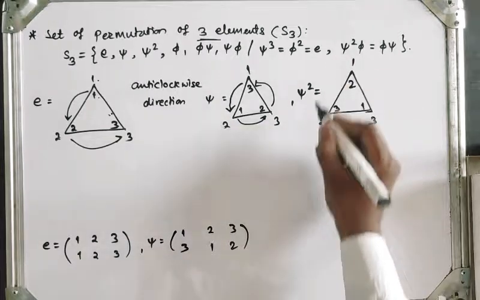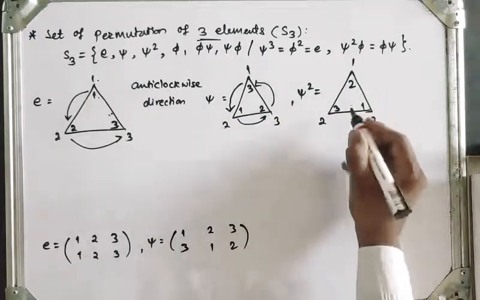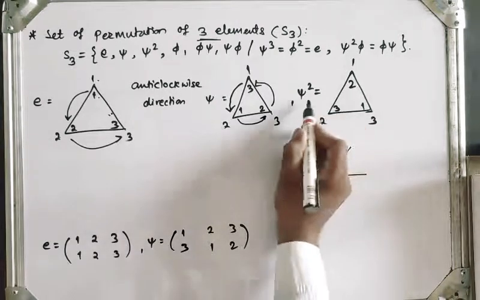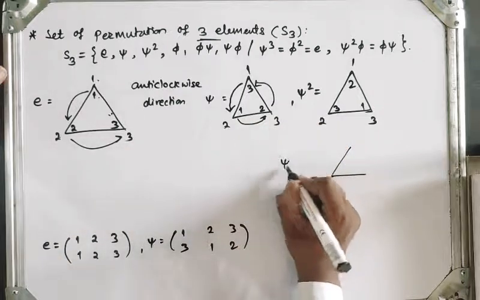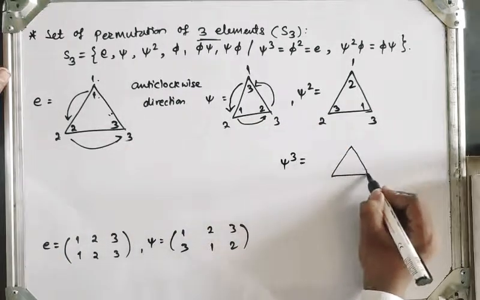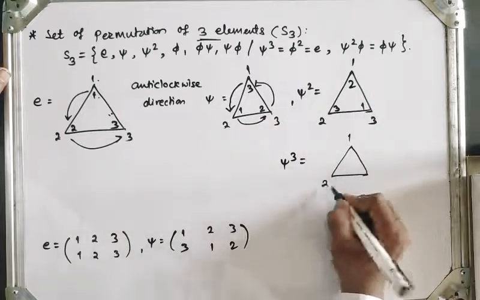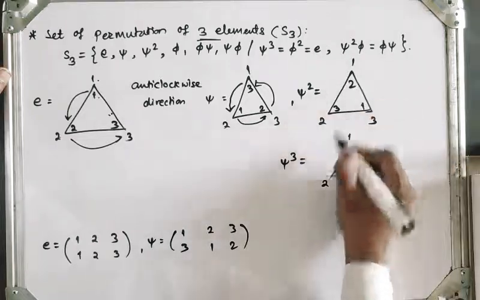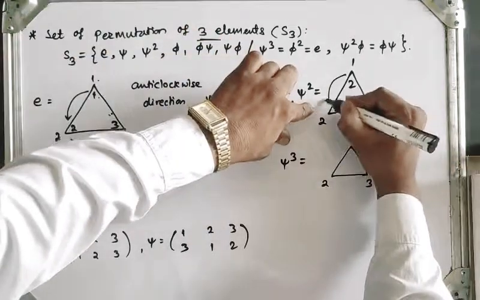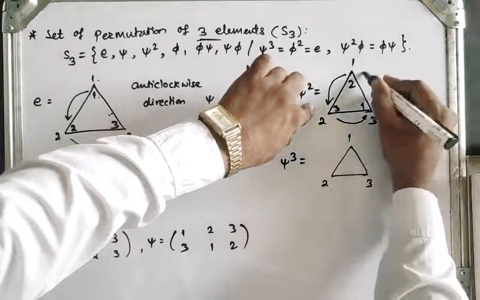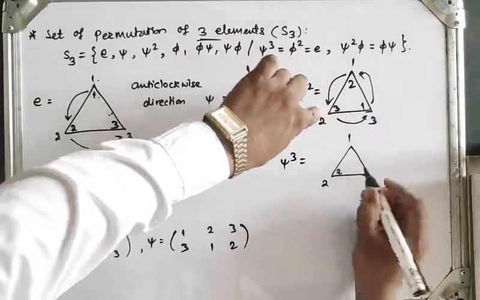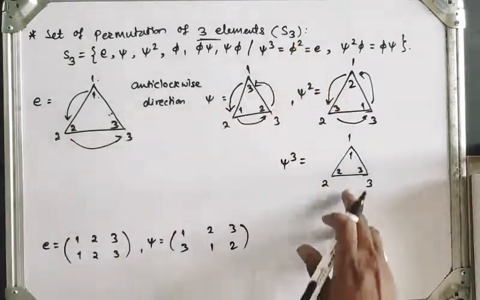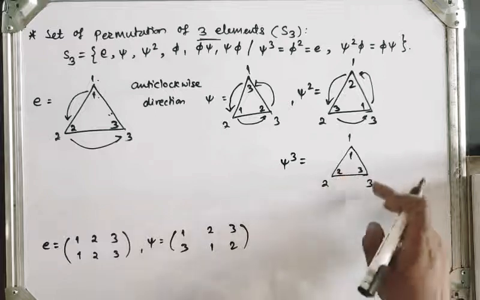If I again rotate this element anti-clockwise, that is, I apply psi again, which is psi cube, then what will I get? After the anti-clockwise rotation, I get 1 goes to 1, 2 goes to 2, 3 goes to 3.